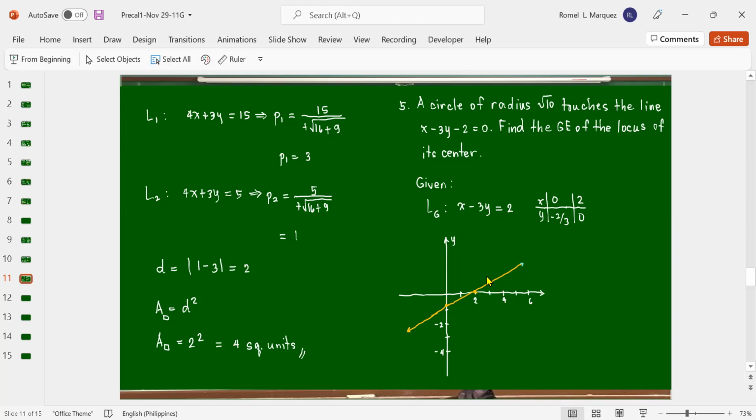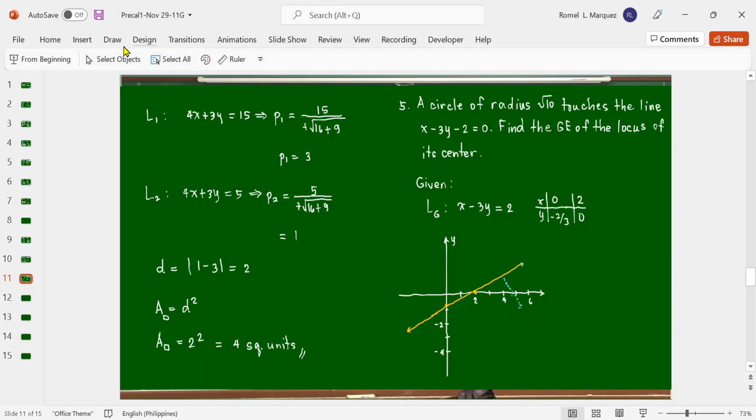And the radius of that circle is what? 3.16. So let us have 1, 2, 3.16. So something like this, no? Around this. So this is the radius of the circle. One possible circle, for instance.